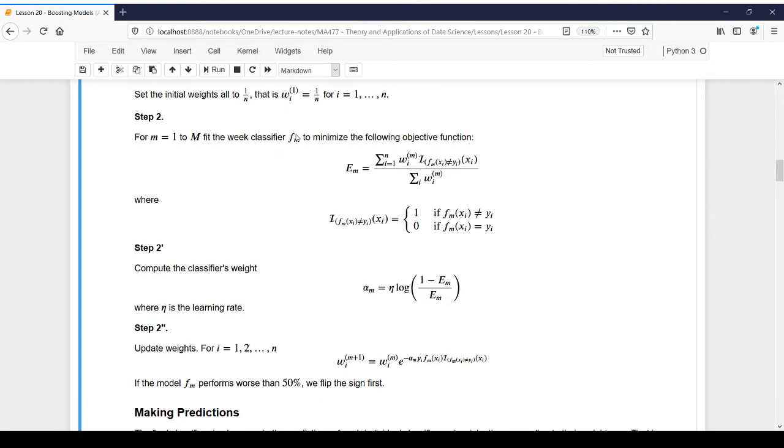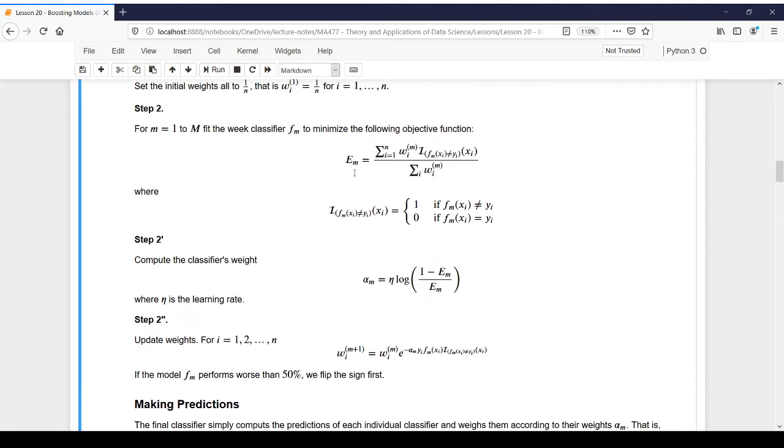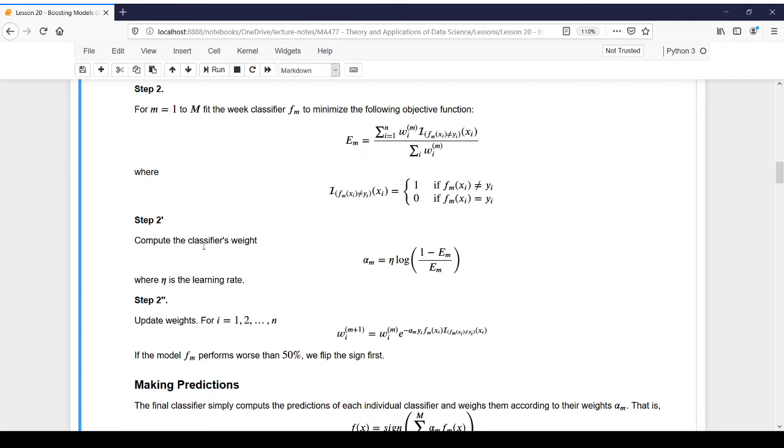Once you have fit the model and computed the error rate, you compute what I call the worthiness coefficient. This is the weight associated with the actual model, not with the training samples. It's supposed to reflect just how well the model did.